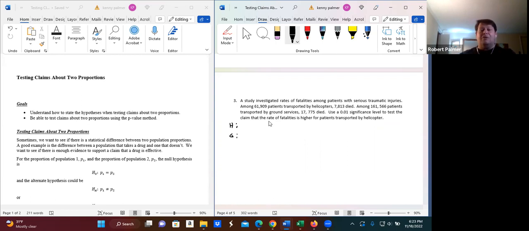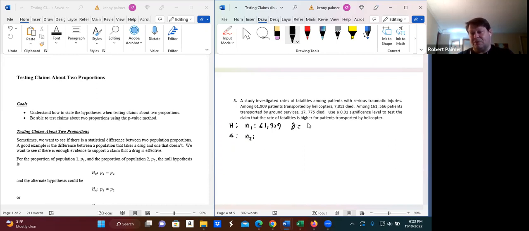Now, I'll call helicopter N1, that'll be our first sample, then ground will be our second sample. This case actually does tell us the total number. Among this many patients, that many died. So for helicopter transportation, N1 is 61,909. And then the proportion, P1 hat, and the question is about rate of fatality.